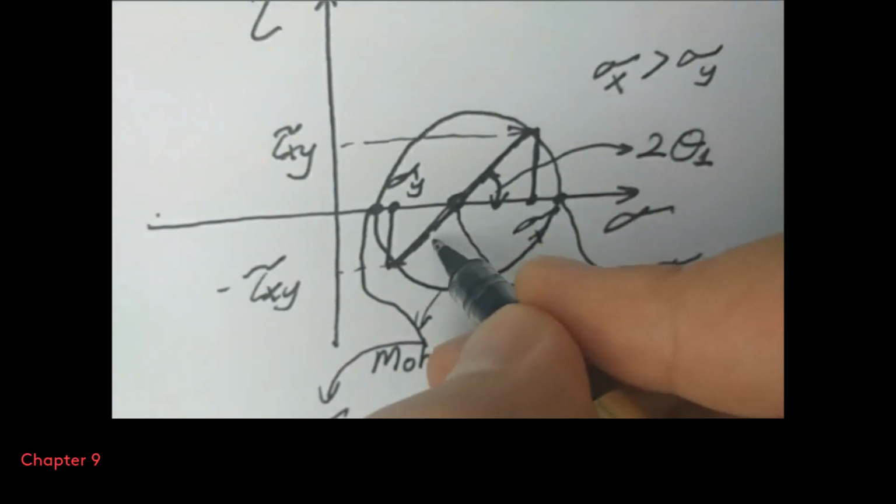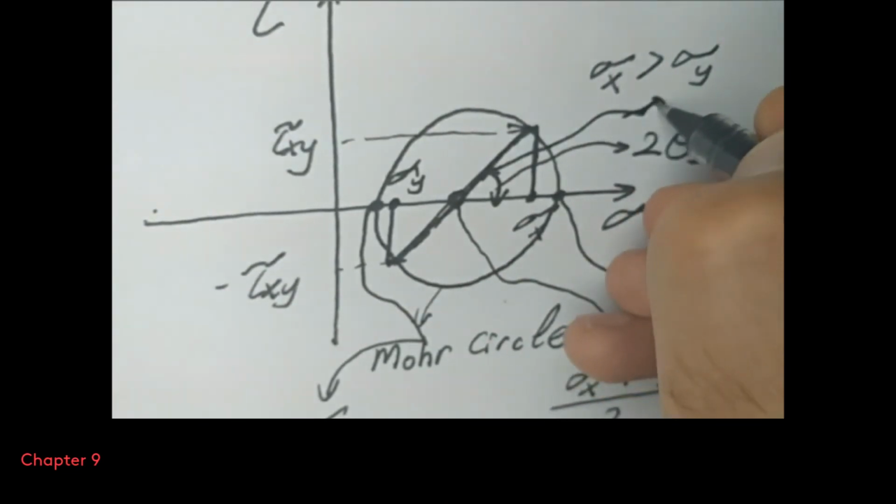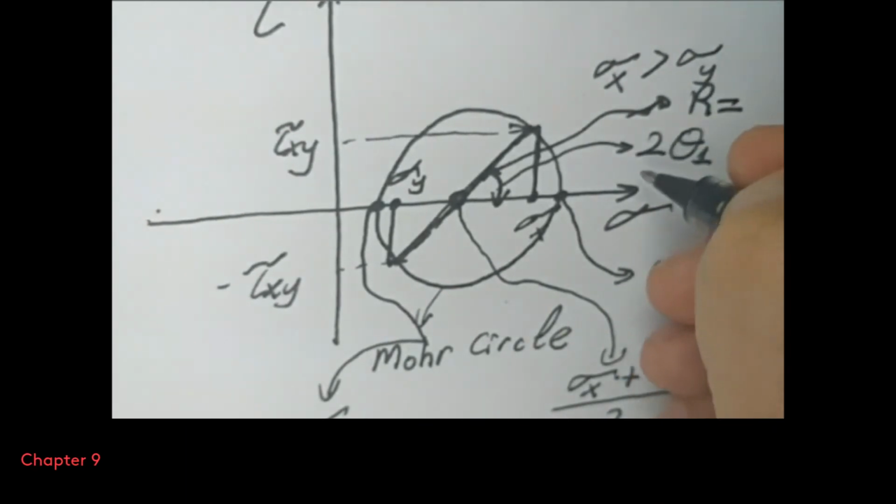And this circle has a radius, let's say r. R is equal to, now this distance is equal to sigma x minus sigma y divided by 2. Right, this distance.